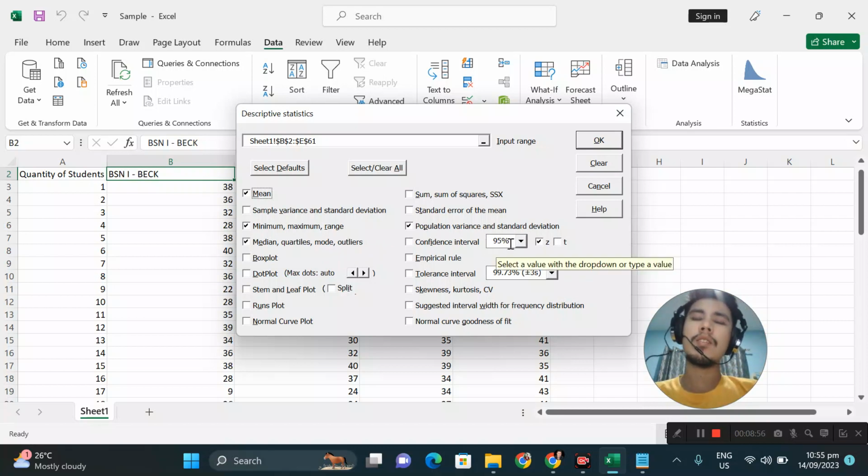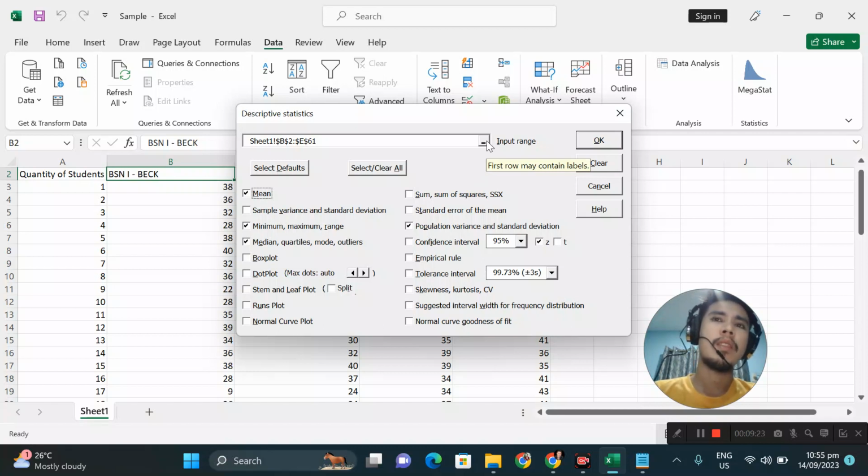And I guess I just have to leave the confidence interval at 95%, and the margin of error is not specified here, but most researchers utilize a 5% margin of error, or the 0.05 margin of error.